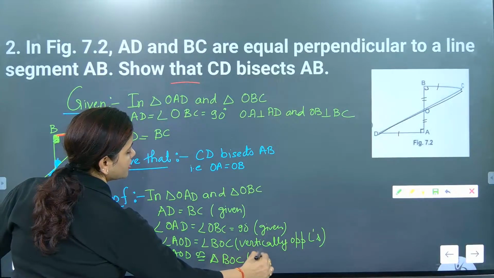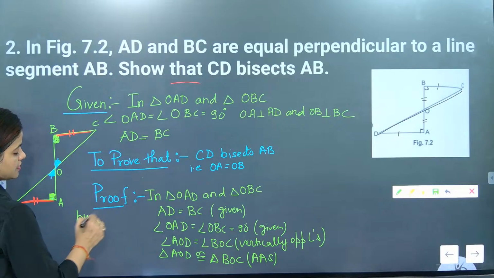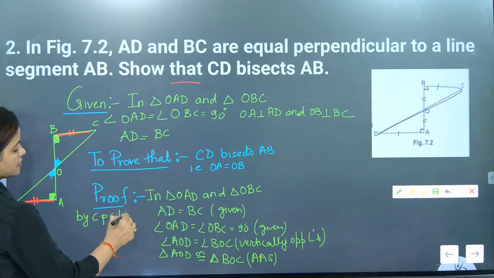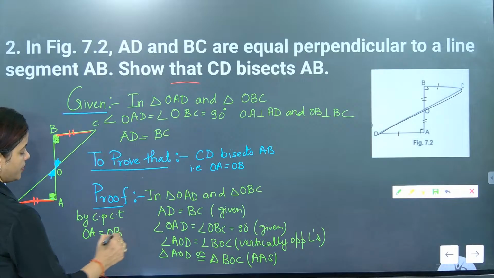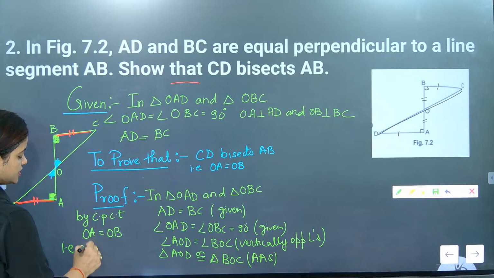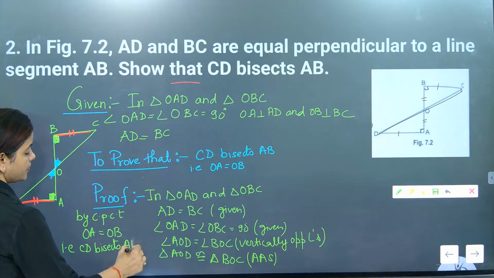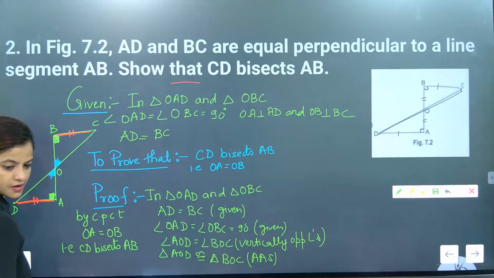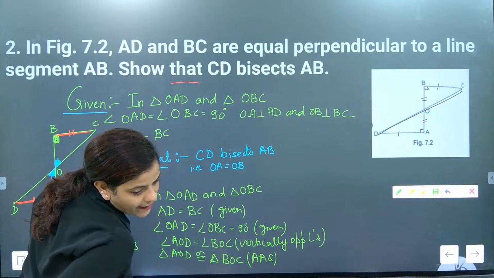What criteria? Angle, angle, side. Then by CPCT, OA is equal to OB. That is, CD bisects AB. Got it? CD bisects AB. Absolutely correct.